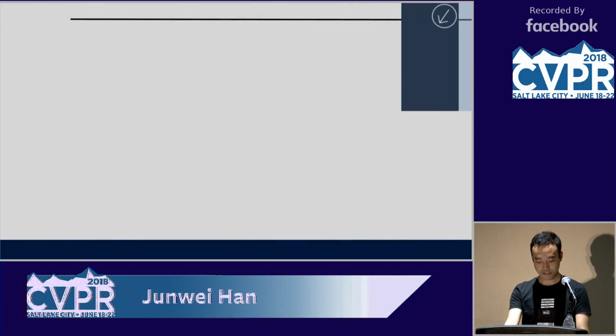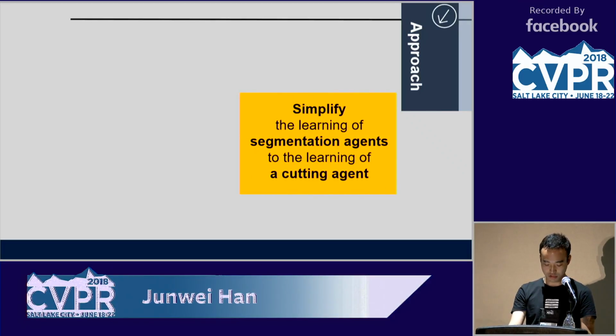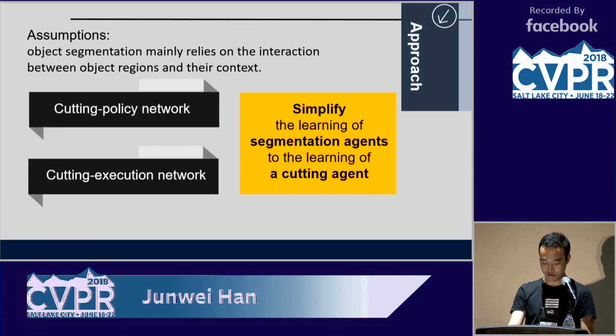To overcome this difficulty, we simplified the learning of segmentation agents to the learning of a cutting agent. The basic assumption is that object segmentation mainly relies on the interaction between object regions and their context. Thus, with an optimal object region and a context region, we can obtain the desirable segmentation mask through further inference.